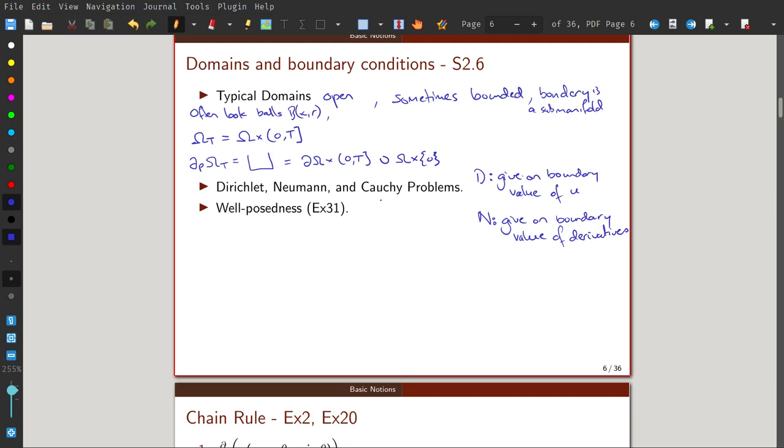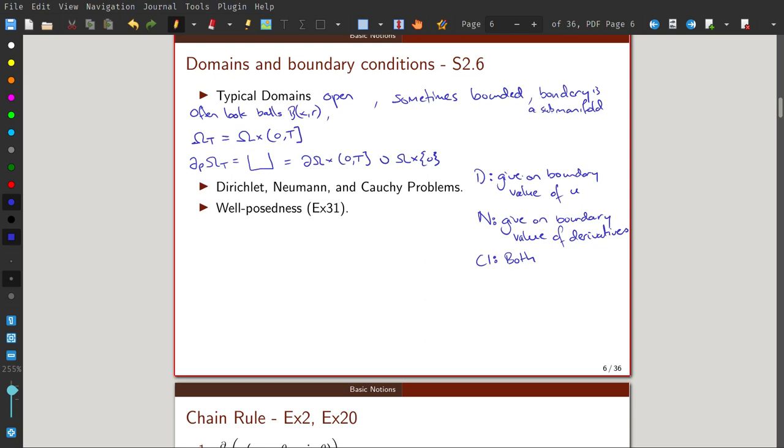And when I was doing the revision for this, I found two different definitions. So the definition for Cauchy problem 1 is that you give both pieces of information. So you give both the value and the value of the derivatives.